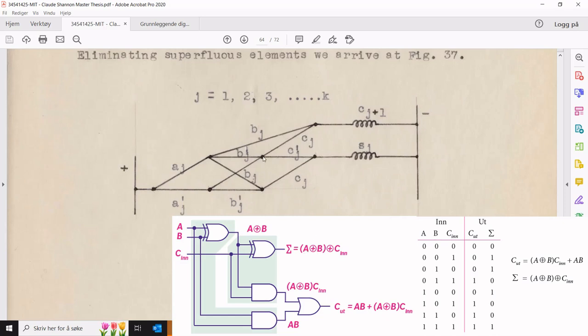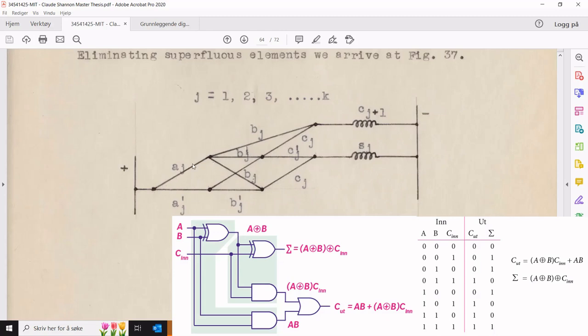If that one is equal to 1 and this one is equal to 0, or this is equal to 0 and this is equal to 1, then we get something out on the sj. That means that, okay, we have XOR of a and b, and we XOR it with cj. We get all these things we have here. Here is when we have XOR of a and b, and then cj.